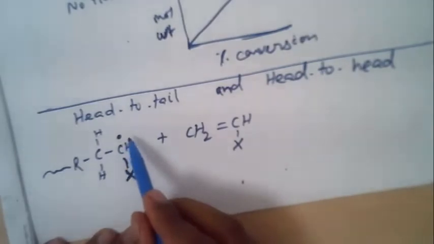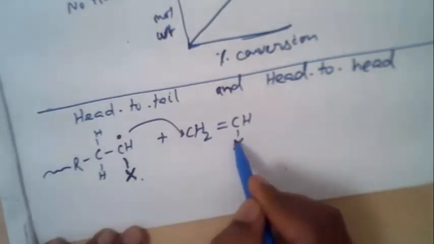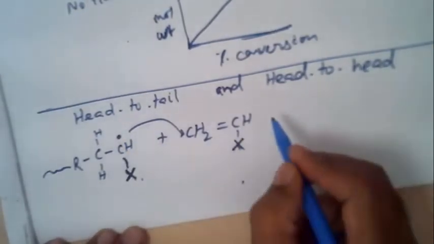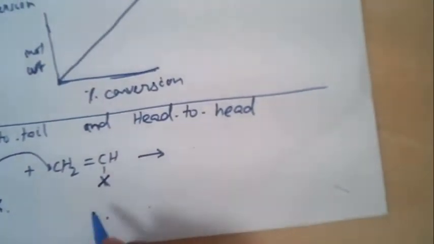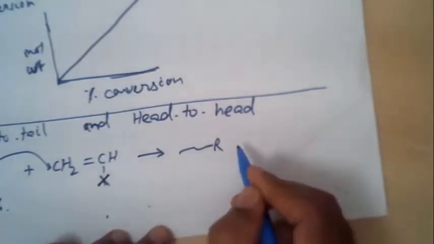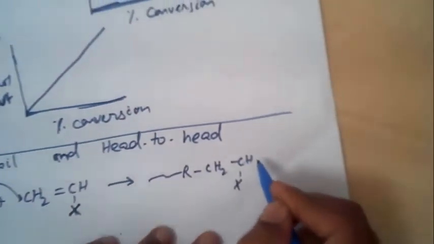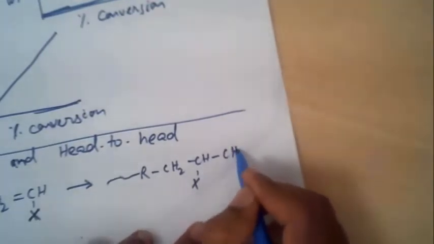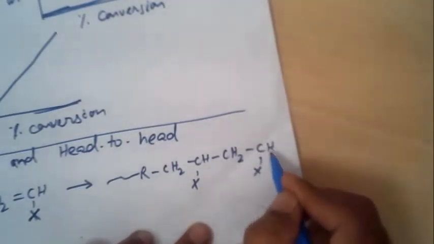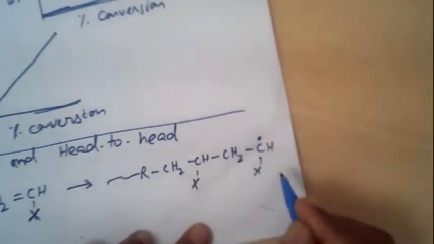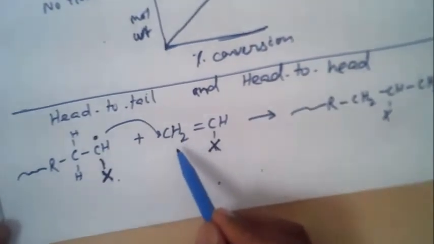So when this connects to the back side of the X group, R CH2 CH CH2, so this particular attack, it's a backside.